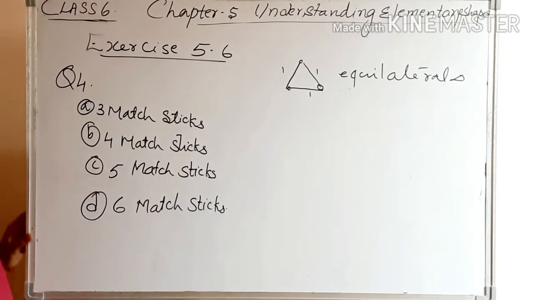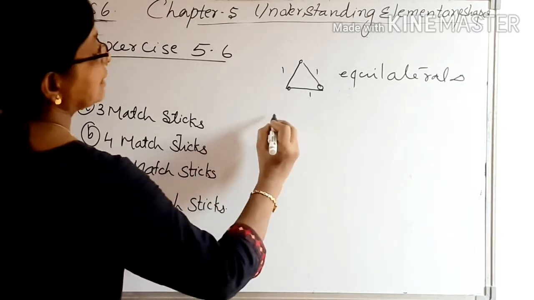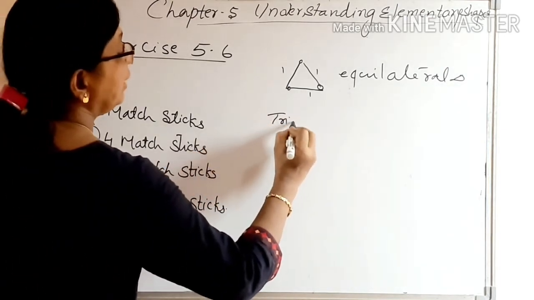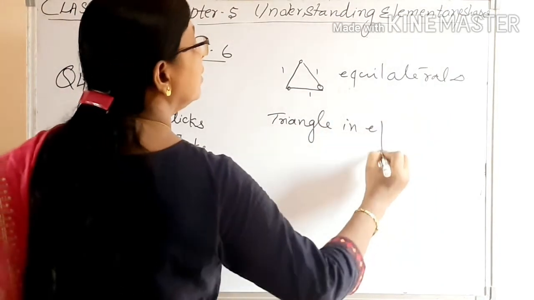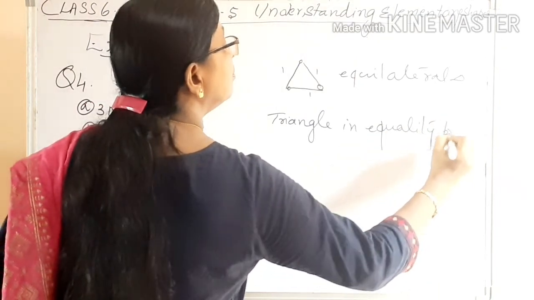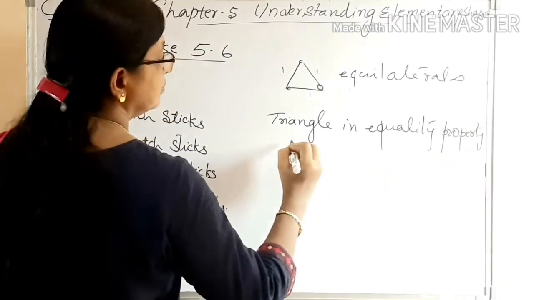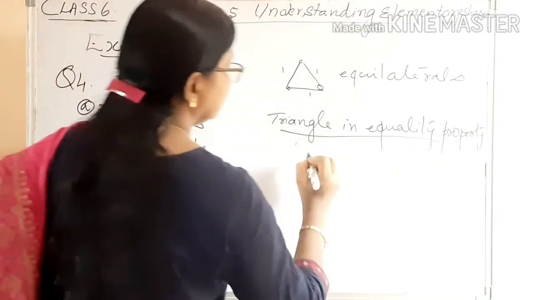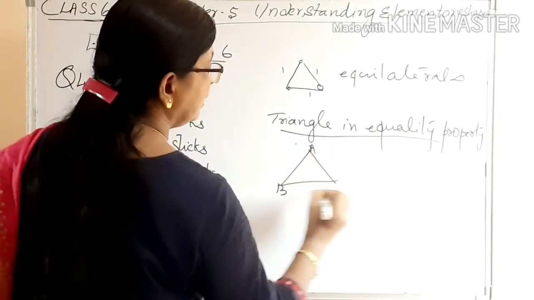One of the properties of a triangle I want to teach you, that is the triangle inequality property. This is a triangle ABC.